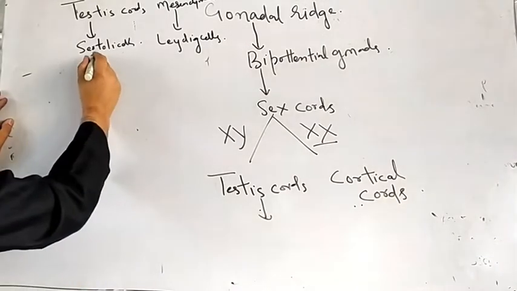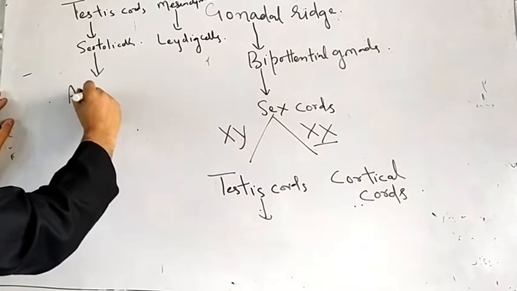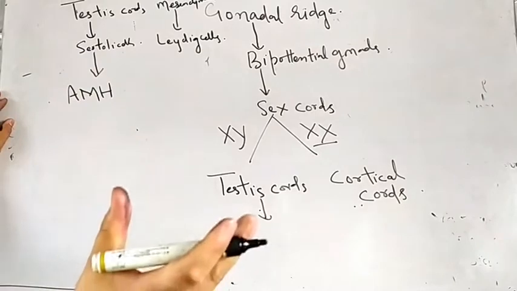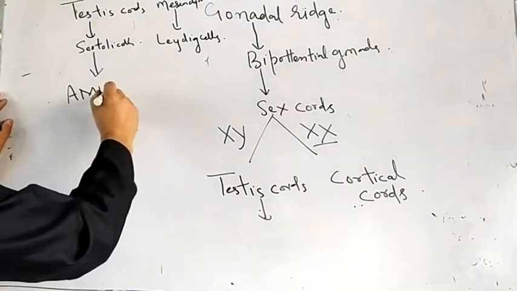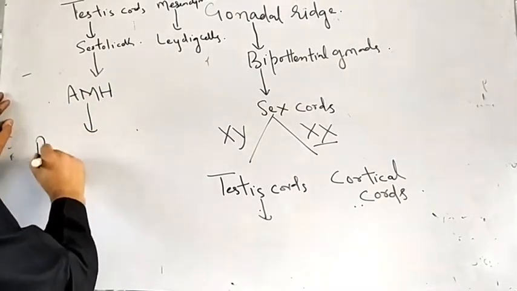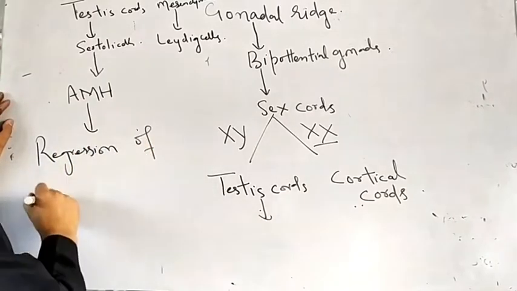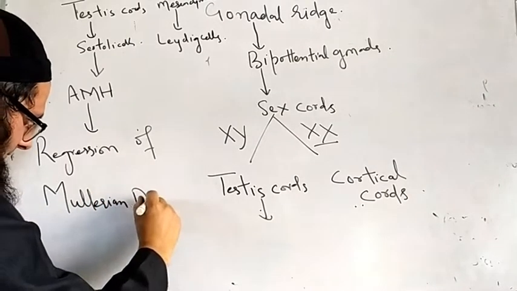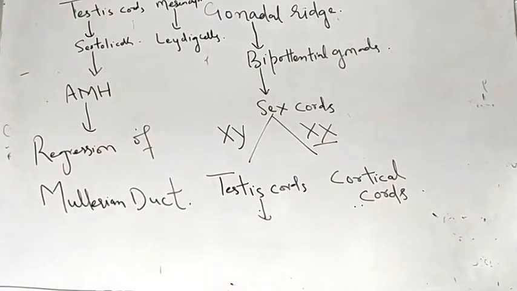Okay. So what will these Sertoli cells do? They will secrete AMH, anti-Mullerian hormone, and this will cause regression of the Mullerian duct.